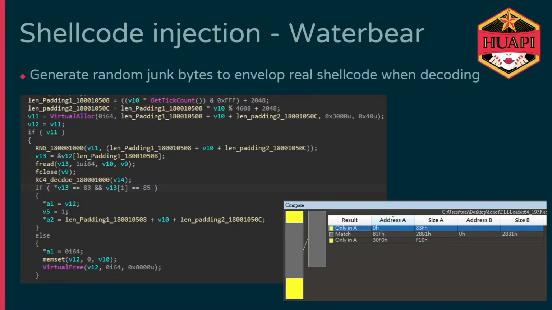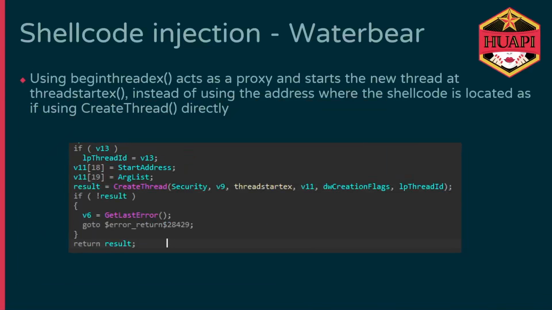This padding makes finding the shellcode more difficult and may help avoid detection. After writing the shellcode, the loader starts a thread using the _beginthreadex function. _beginthreadex acts as a proxy here and starts the new thread at _threadstartex, another function provided by the C library, instead of the address where the shellcode is located, as if using CreateThread directly.